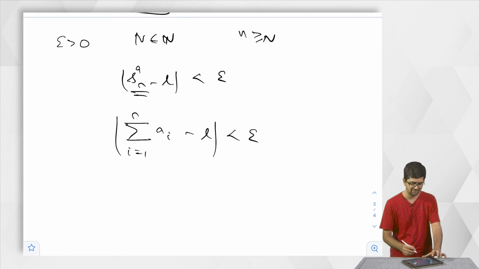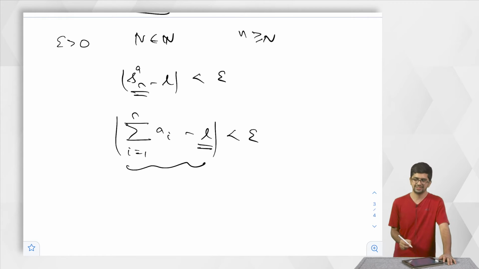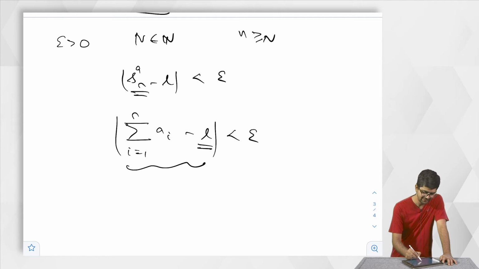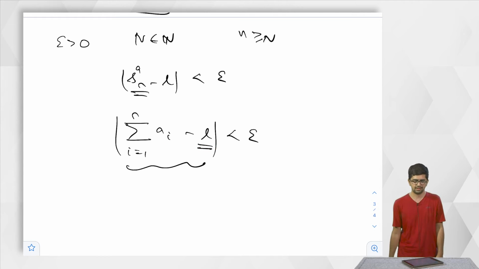It is not very clear how I even proceed. I might have tried an integer, I do not know how to proceed from here. That is because this a_i and L may not be related at all, that is the problem.